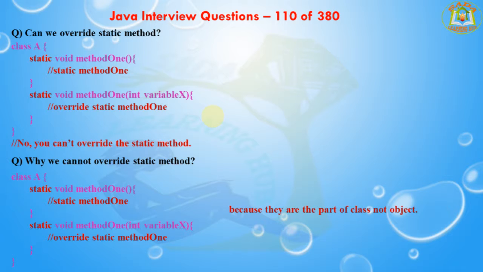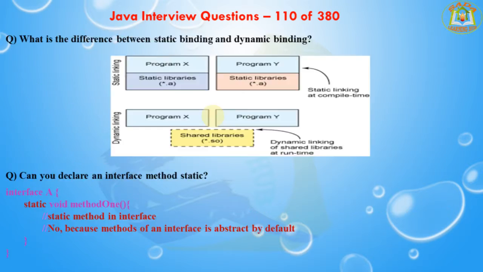That's why it's not possible to override the static methods. Static methods are class level methods and instance methods are object level methods.